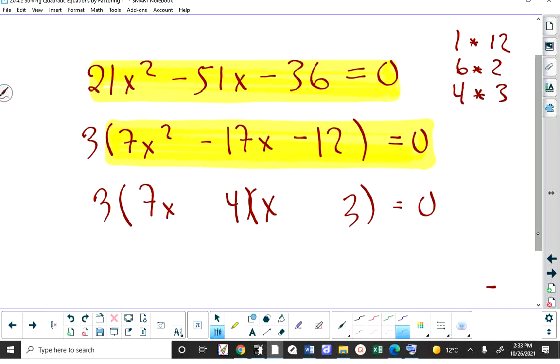It will give us 17x, won't it? This is 4x. This is 21x. Oh yeah, I was way off. It's going to give us 17x. If the 21x is negative, then we get negative 17x. So how do I get negative 21 out of that? I have to put the negative with the 3 and the positive with the 4.